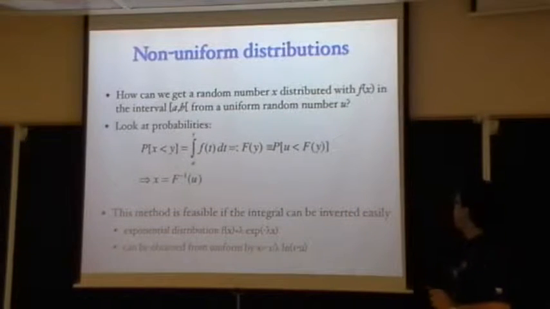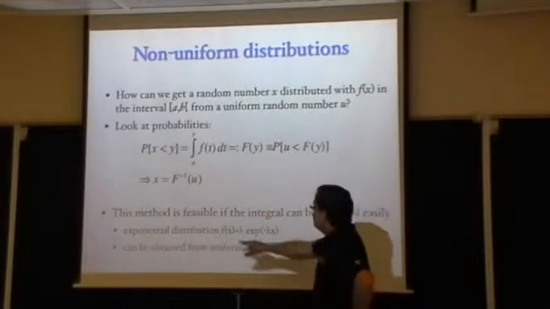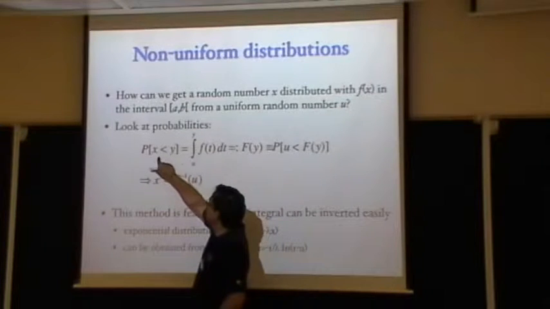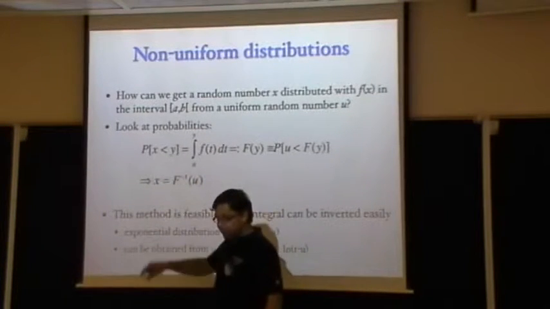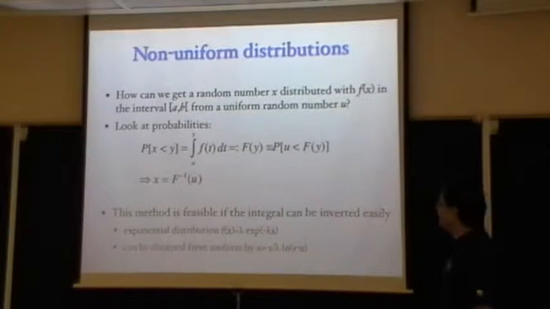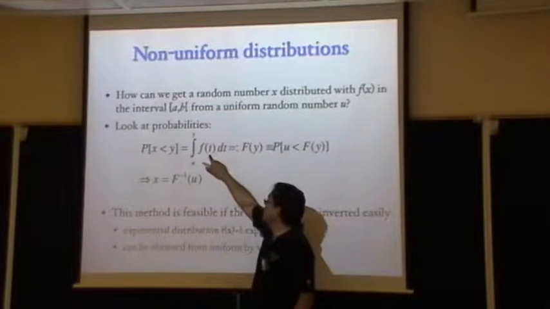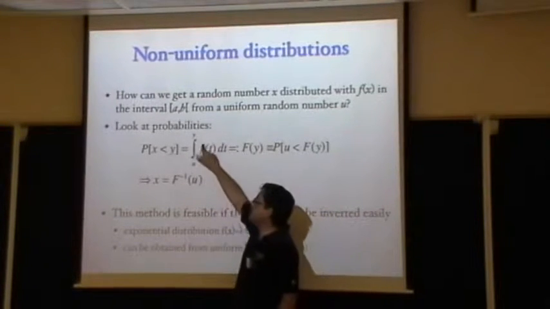There's one way which is called the inversion method, which relies on the fact that the probability for a number x to be less than a value y with the distribution f is just the integral of the distribution from the start up to y.